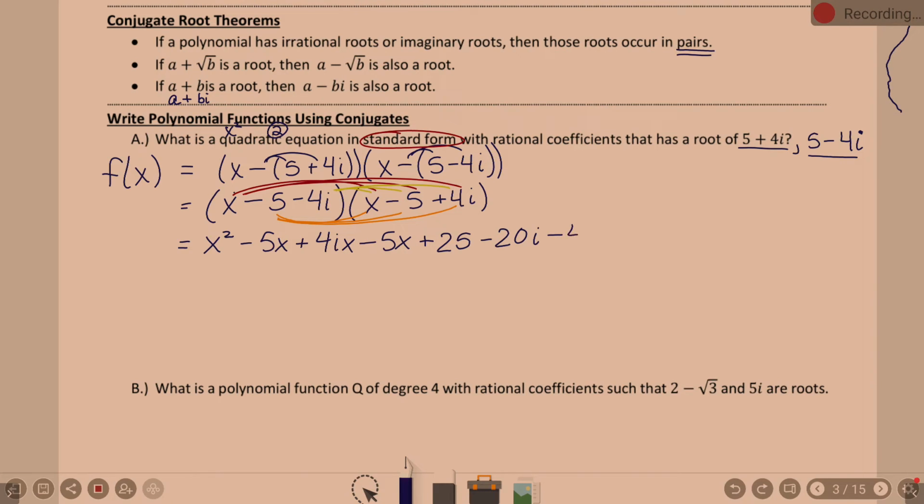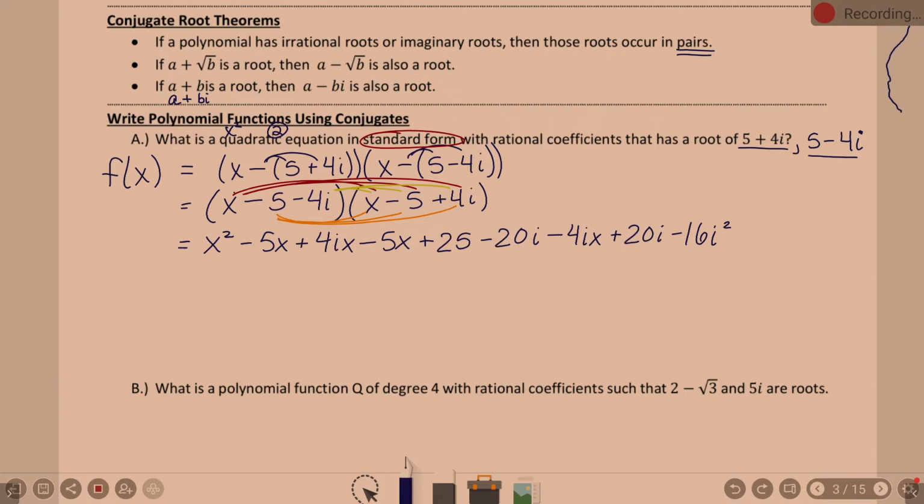Minus 4i times x, minus 4ix. Minus 4i times minus 5, plus 20i. Minus 4i times positive 4i, minus 16i squared.